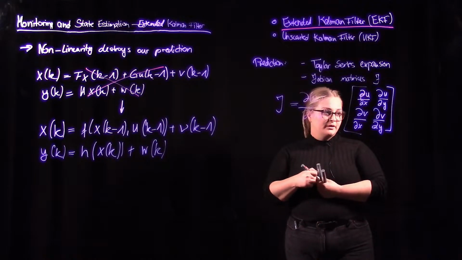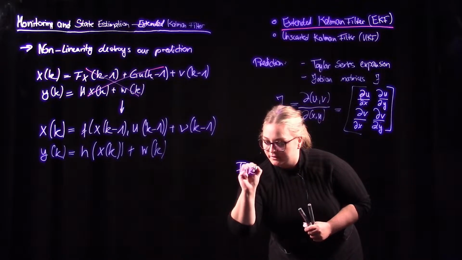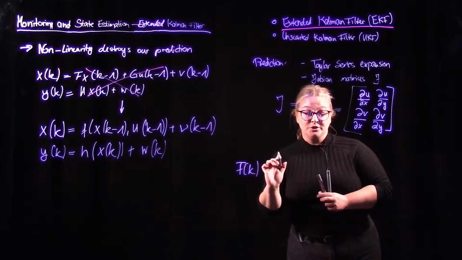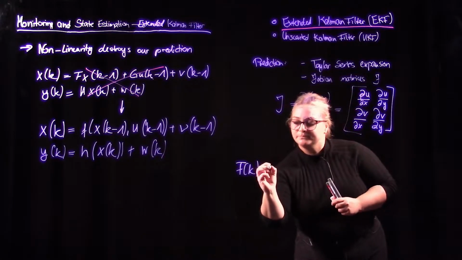At first, we have F from k, our state transition, like we've already learned in the previous videos.